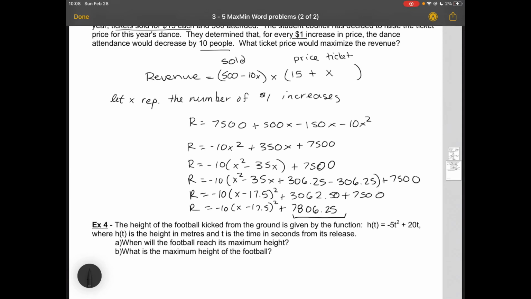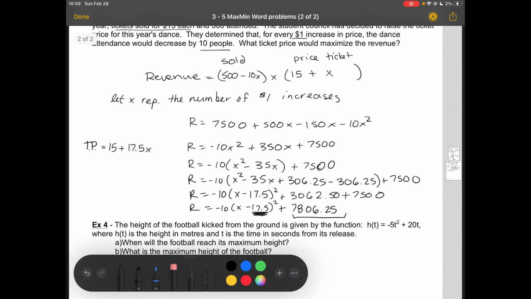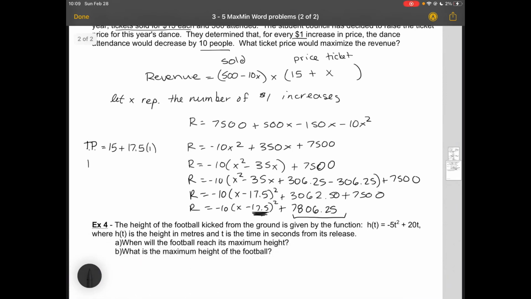But that's not what the question is asking. I'm asking for the ticket price. So I know that my ticket price is going to be my original $15 plus 17.5 increases, because that is the x coordinate of my vertex. And I know that each increase represents $1.